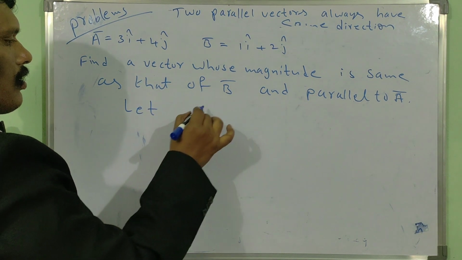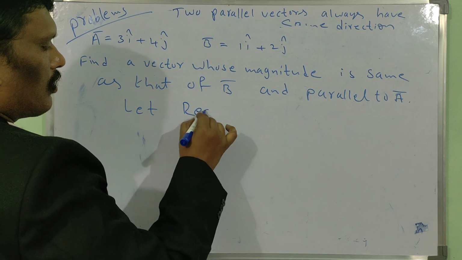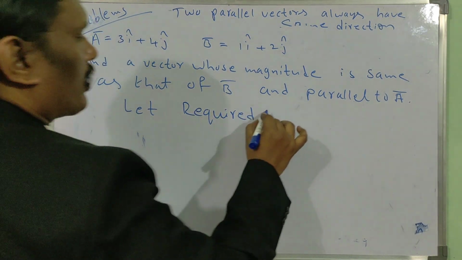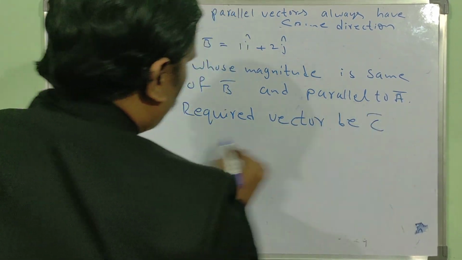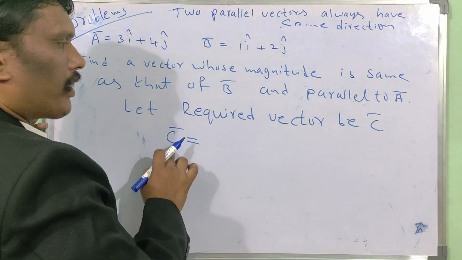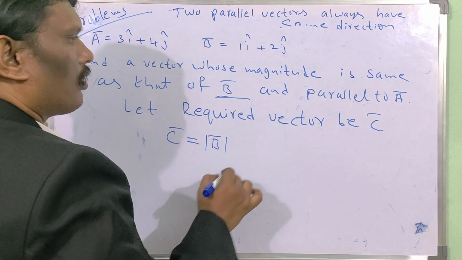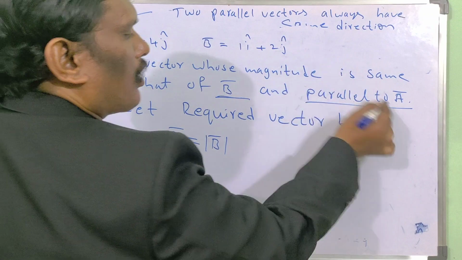Let the required vector be C bar. Then how to write C bar? The required vector C bar has the same magnitude as B bar and is parallel to A bar. Parallel to A bar means the C bar direction and the A bar direction are the same. Generally C bar means mod C bar times C cap. But in the problem, the magnitude of C bar and the magnitude of B bar are the same, and C bar is parallel to A bar.